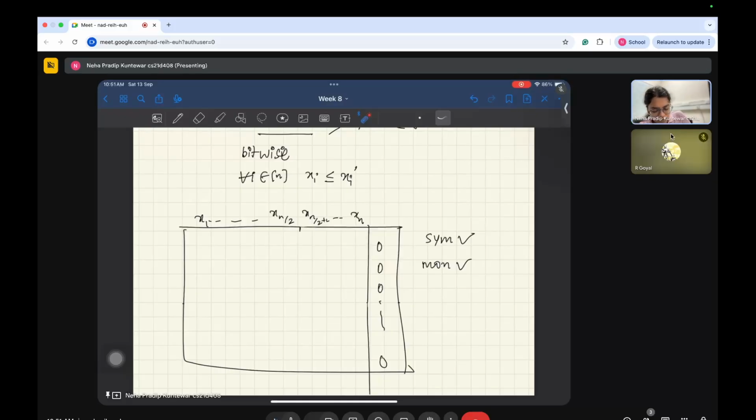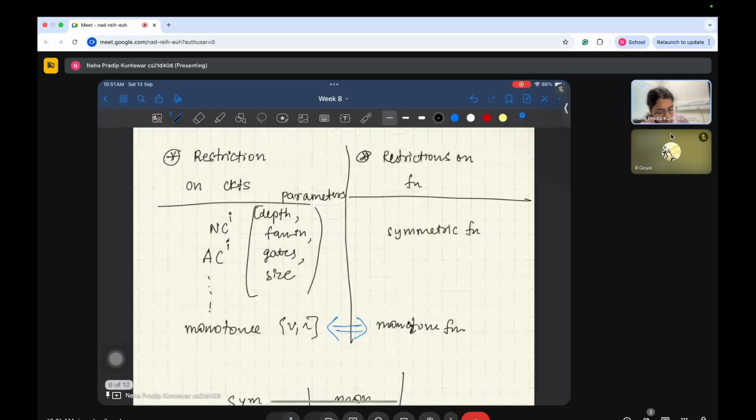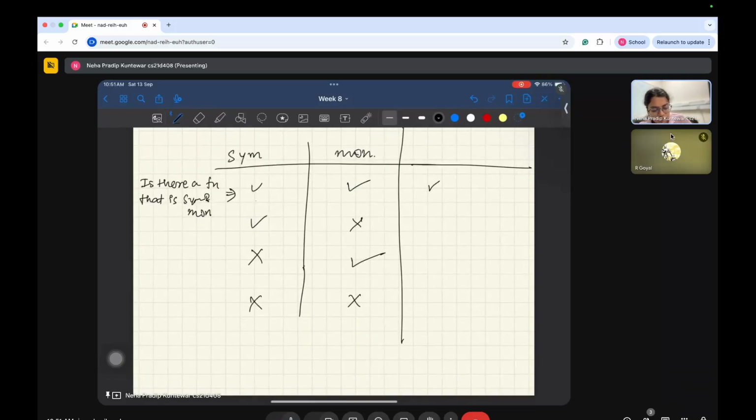The constant 1 function is another example, and the constant 0 function that you said is also an example. So this is true, and one example we saw is the constant 0 function.